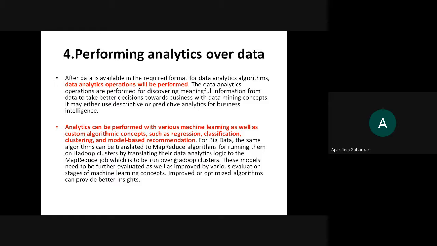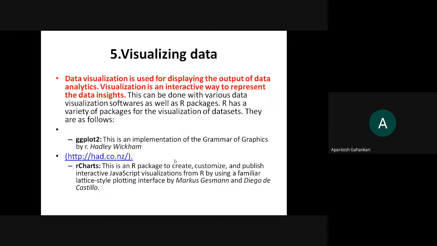These models need to be further evaluated to optimize the algorithm. So the analytics can be performed with the various machine learning algorithms in step 4. That is performing the analytics over the data, and the last stage is the visualization of the data.